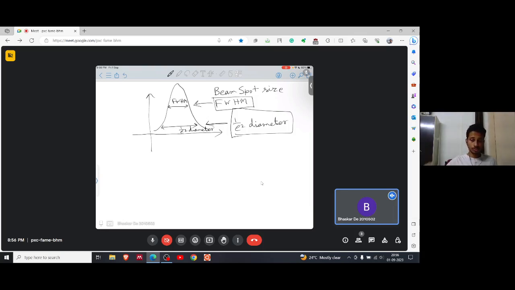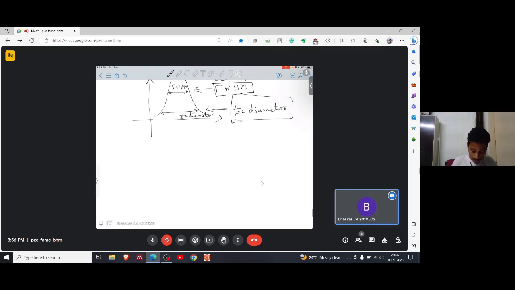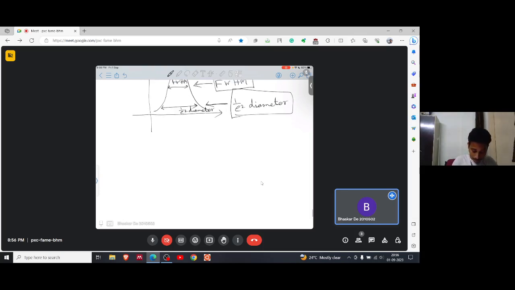So the spot size is used when we focus the beam. A laser has a particular spot size, and then it is focused to our desired size or beam spot. But the spot size is very necessary, because when we have a bigger spot size, the Gaussian beam will have a distribution like this.